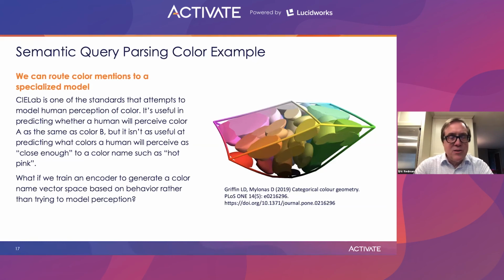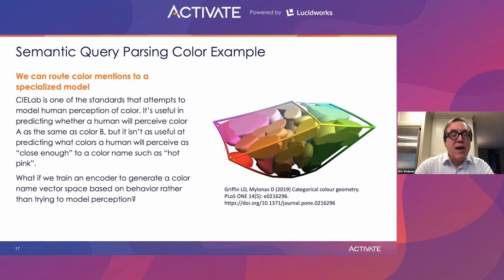And so back to our shopping signals, when people shop and search and include a color name in their query, that's something we could pick up on with our semantic query parsing. We could create training data to say, here are the color names people are using to query.